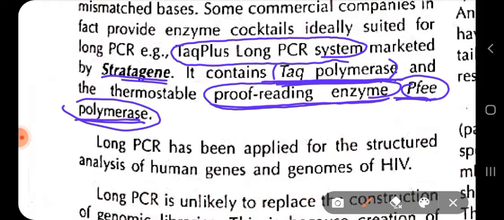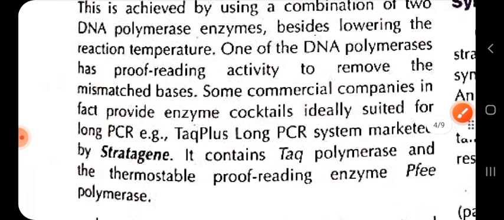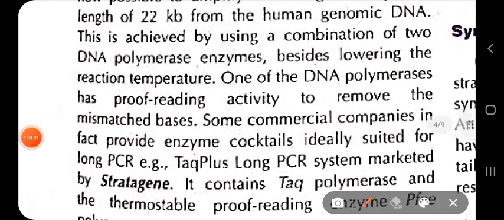And they have also done one more thing, that is they have lowered the reaction temperature. So these two things they have done.